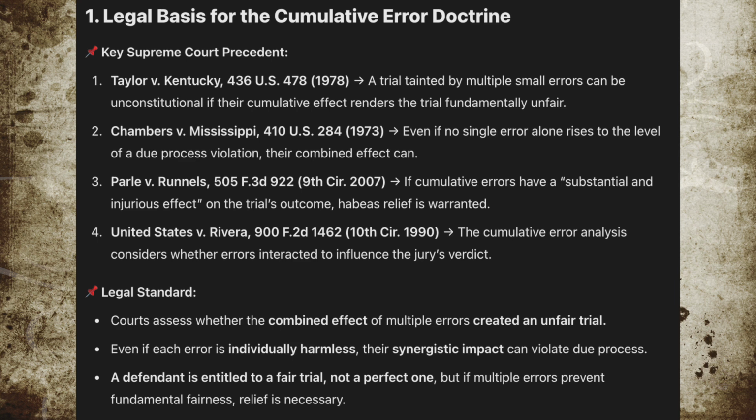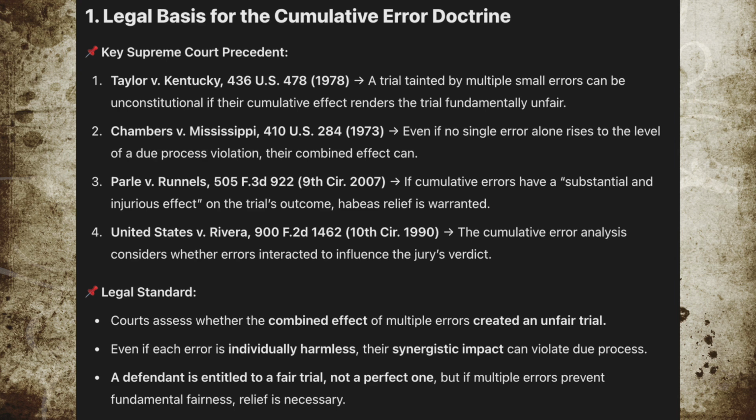In Taylor v. Kentucky, 1978, a trial tainted by multiple small errors can be unconstitutional if their cumulative effect renders the trial fundamentally unfair. Chambers v. Mississippi, 1973. Even if no single error alone rises to the level of a due process violation, their combined effect can.